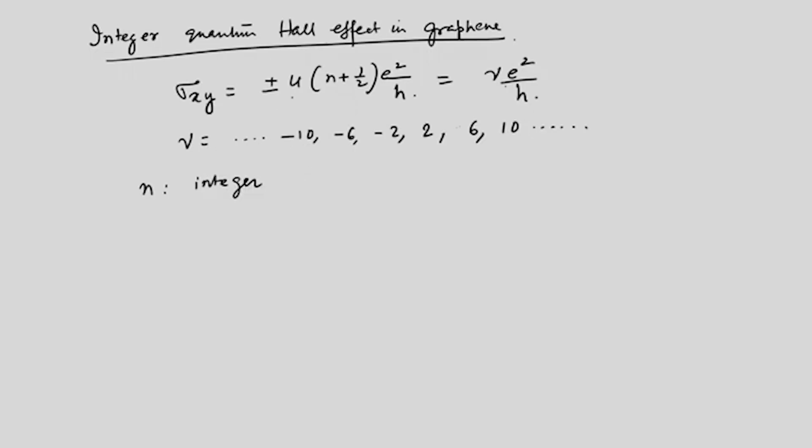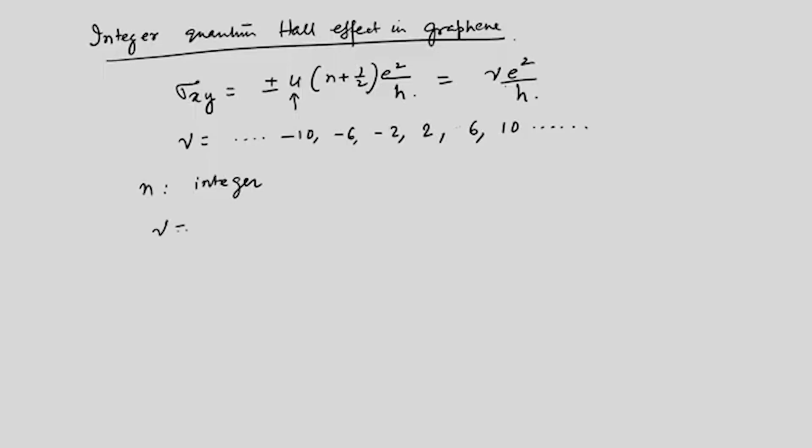The factor of 4 that you see here at the front takes into account the degeneracy: the pseudospin degeneracy, which is the A and B sublattices, as well as the degeneracy corresponding to the two valleys, that is the two Dirac points. Okay. So, your nu is nothing but plus minus 4 (n plus half), and even though we call it an integer quantum Hall effect, it is actually a half integer quantum Hall effect because of this half factor that is there.